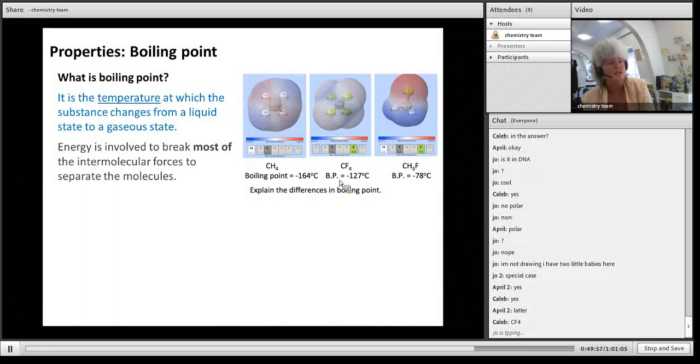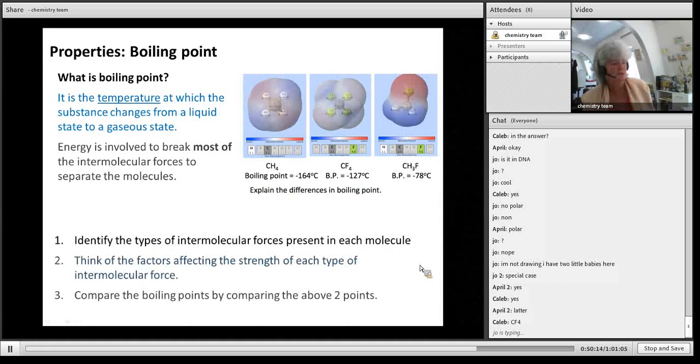Because it's got a bigger mass, that's why CH4 is minus 164 and CF4 is so much higher. I know it's still negative, but it's still a lot higher than this one. So identify the type of intermolecular forces, think of the factors affecting them. Don't just say, oh, CF4 has got a bigger mass, so it'll have a higher boiling point.